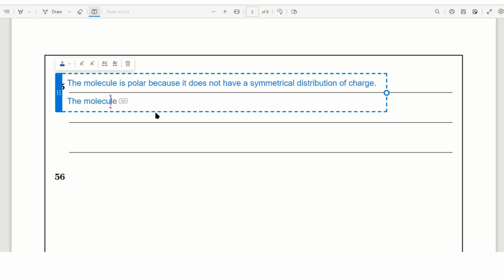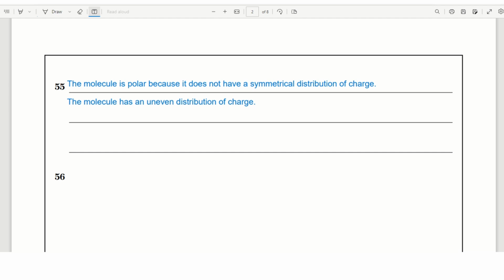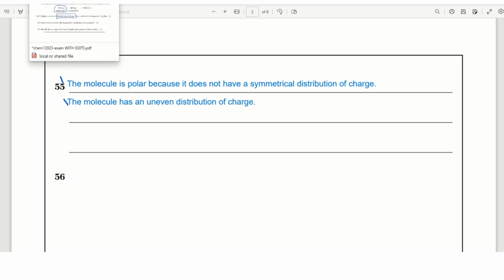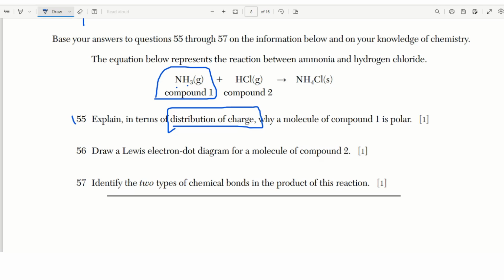So the molecule has an uneven distribution of charge. But one of those is going to be the key answer. So it does not have a symmetrical distribution of charge, or the molecule has an uneven distribution of charge. But notice how I talked about distribution of charge. That's how I'm going to get credit, okay?